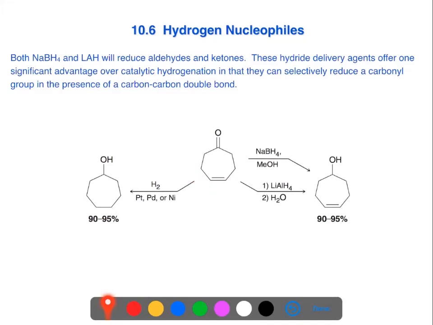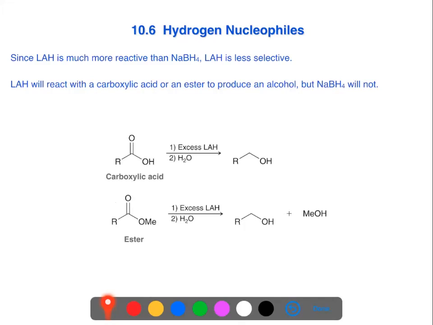So this selectivity in the reduction process can be helpful when carrying out particular target synthesis. Now, since lithium aluminum hydride is much more reactive than sodium borohydride, we often will say that lithium aluminum hydride is less selective.